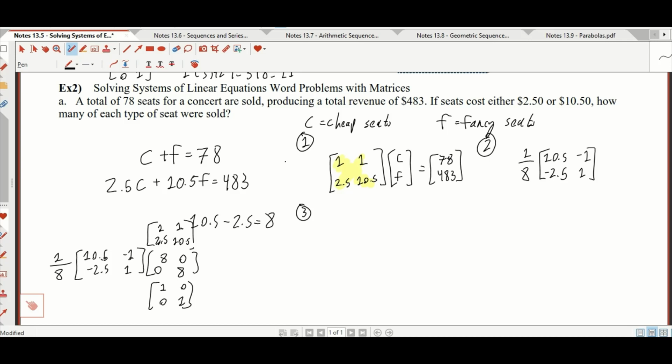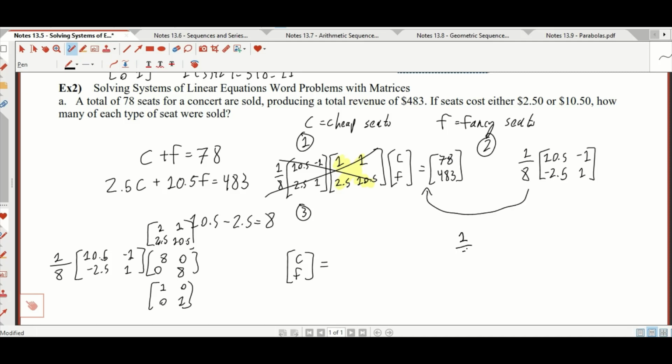So if I multiply this by 1/8, 10.5, negative 1, negative 2.5, 1, think of these as getting rid of one another, leaving behind only C and F is equal to, but in order to make this work, we've got to multiply the same thing in front of this matrix.